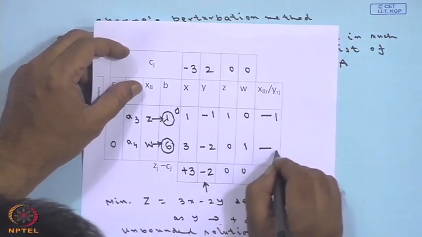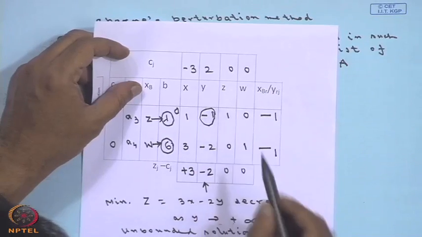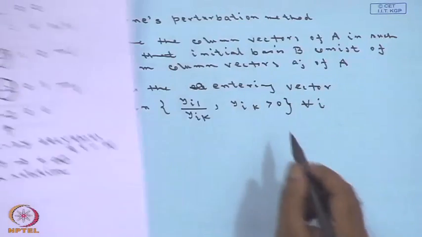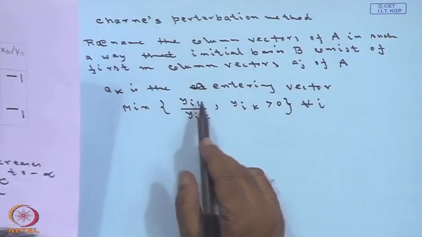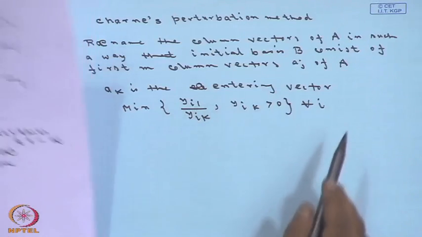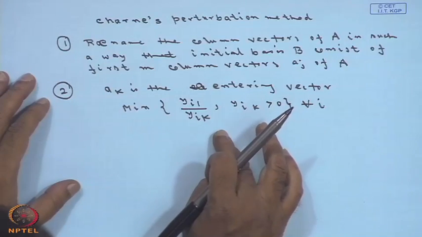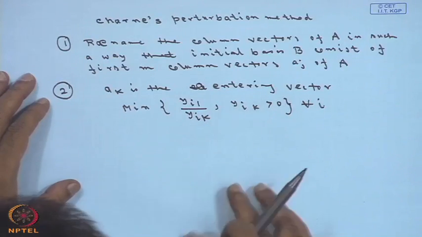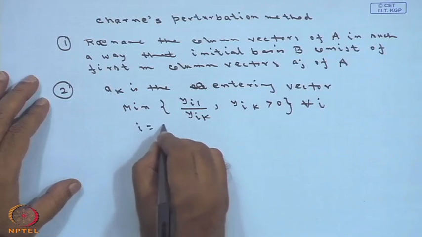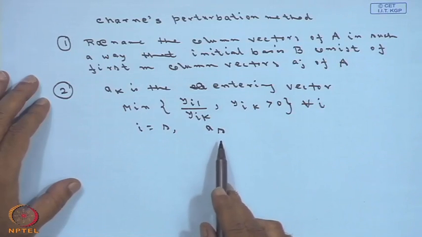Suppose these two are the same. In that case this value is y_ik. If this is the entering vector, y_ik will be this value and this y_i1 will be whatever you have changed, that is A1 equals old A3, meaning you will take the old A3 value. This will be clear when I go through one example. So, suppose the minimum occurs at i equals s, in that case we will say that A_s is the departing vector.